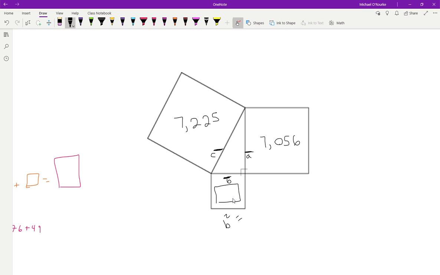Oh, Luke, you have to tell me, is that B squared? What's the 169 refer to? The area? Okay.